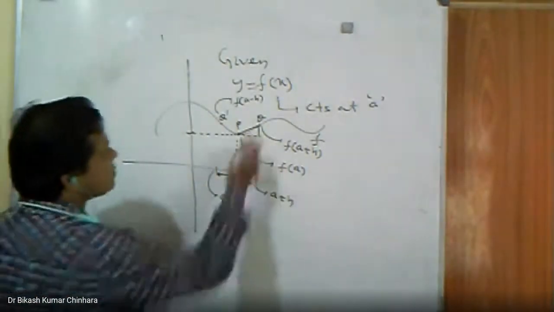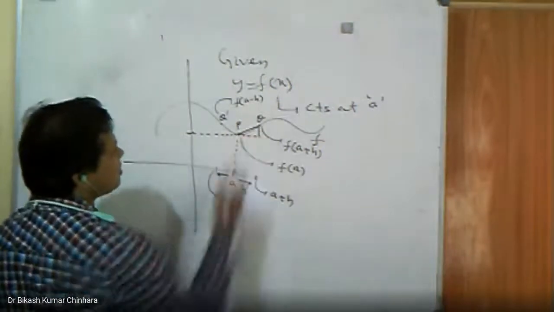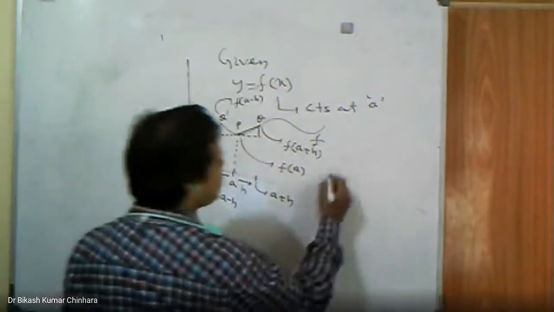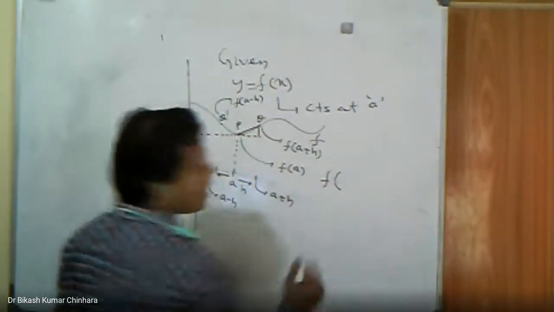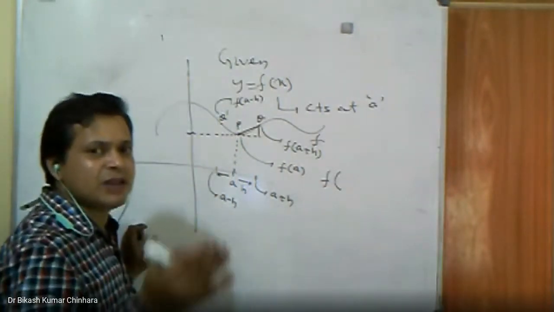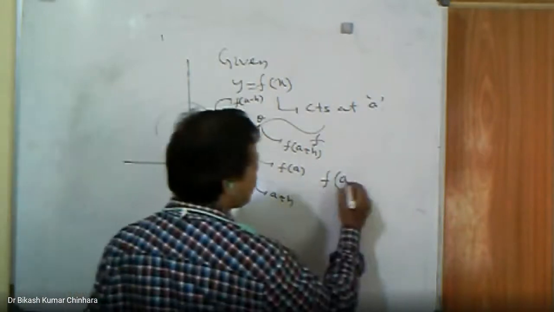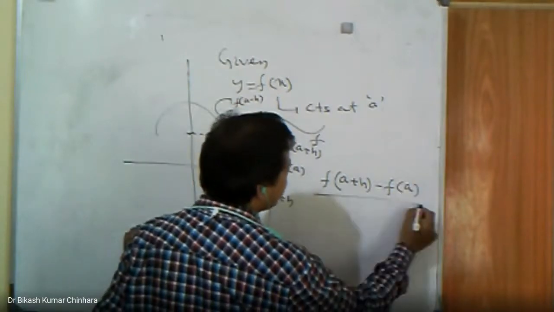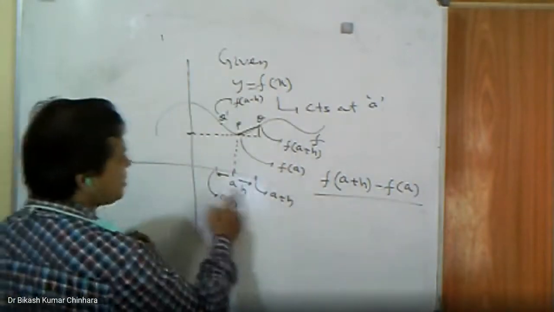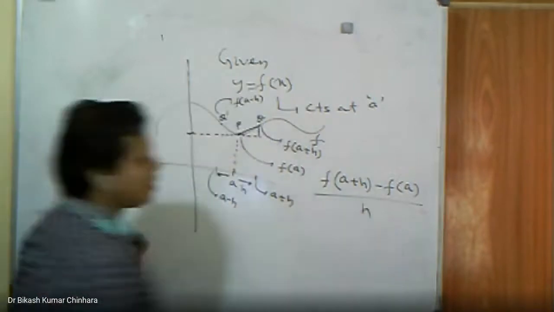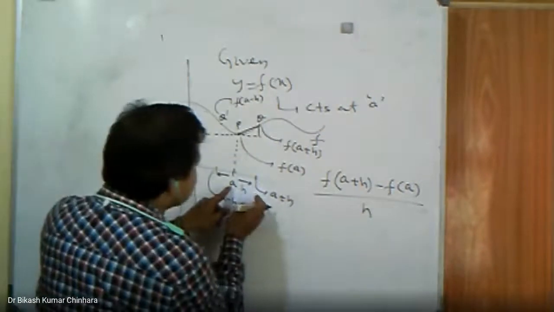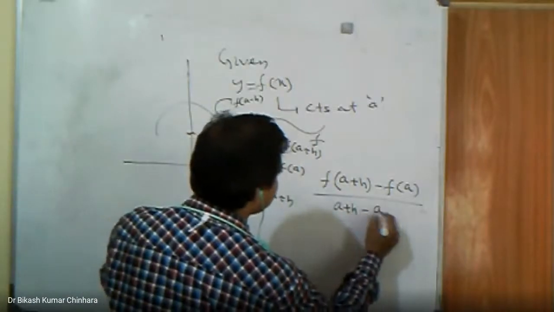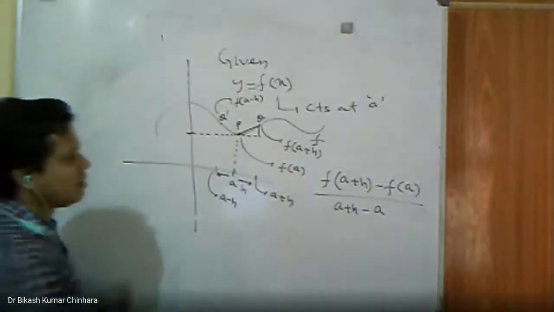Actually, what is the slope then? Suppose this is the point, this is the point. You have to find the slope at A. What do you mean by this? Slope means change in y coordinate by change in x coordinate. We are writing f of A plus h minus f of A divided by the change in x coordinate, which is A plus h minus A. So A gets cancelled.